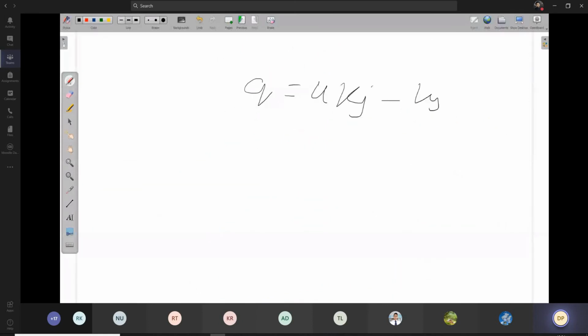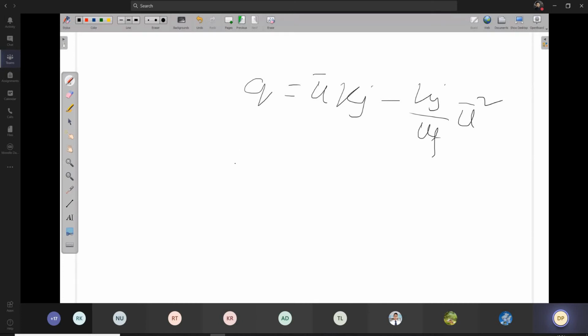Here, whatever u I have written is basically the average speed. If you want, you can put a bar, or you can write it without the bar also.